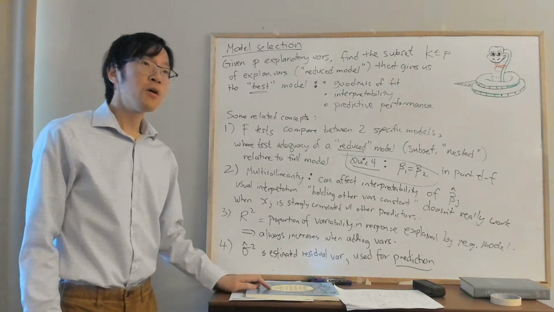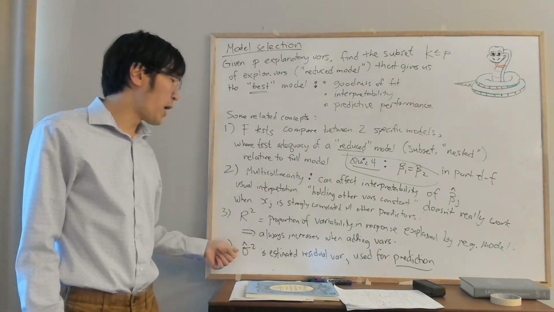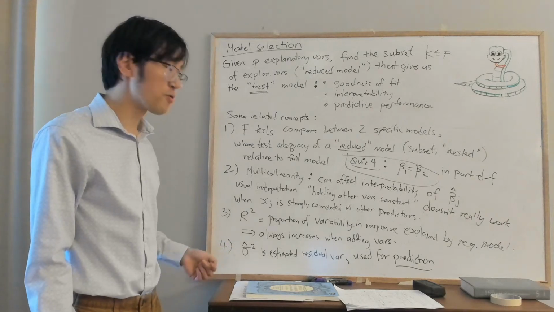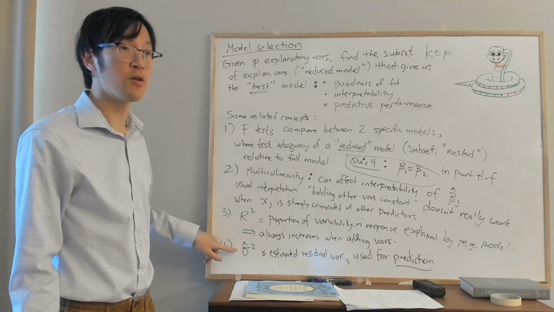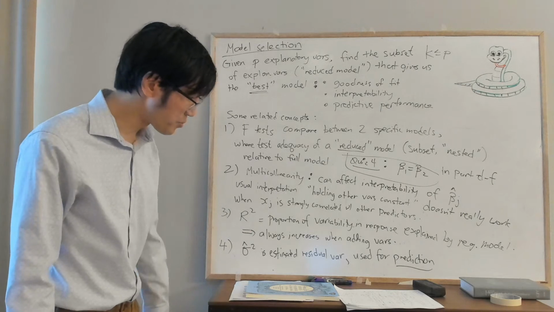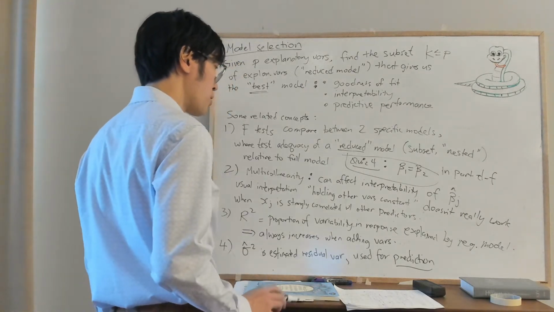Correspondingly, we want accurate and precise predictions for new data. We want sigma squared hat to be as small as possible.